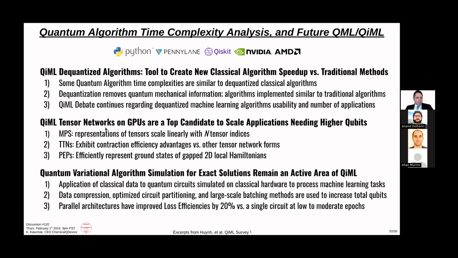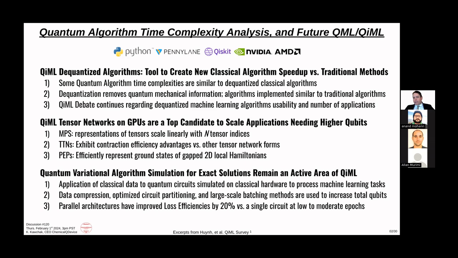And so the next section is the tensor networks, and I've always wanted to study this in more depth. And so the three mains are matrix product states, tree tensor networks, and then PEPS is the last one. And they all have their kind of quirks, as far as using them. And lastly will be the quantum variational algorithm simulation.